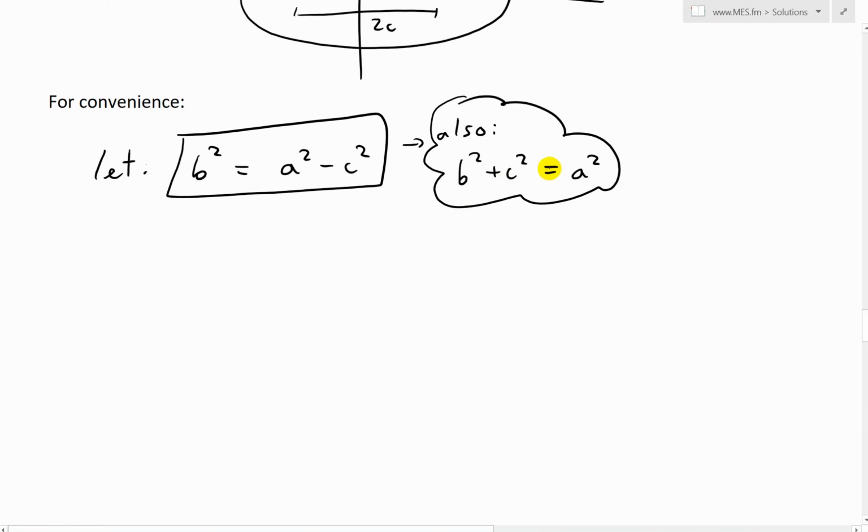Now note the difference between a and b in this case. Since we let b squared equal a squared minus c squared, you're subtracting from a squared, so b squared is obviously going to be less than a squared.